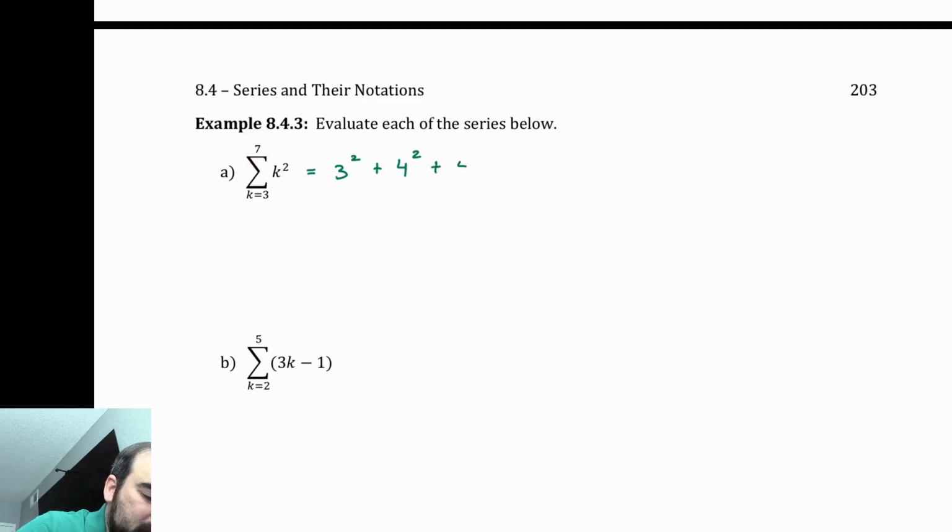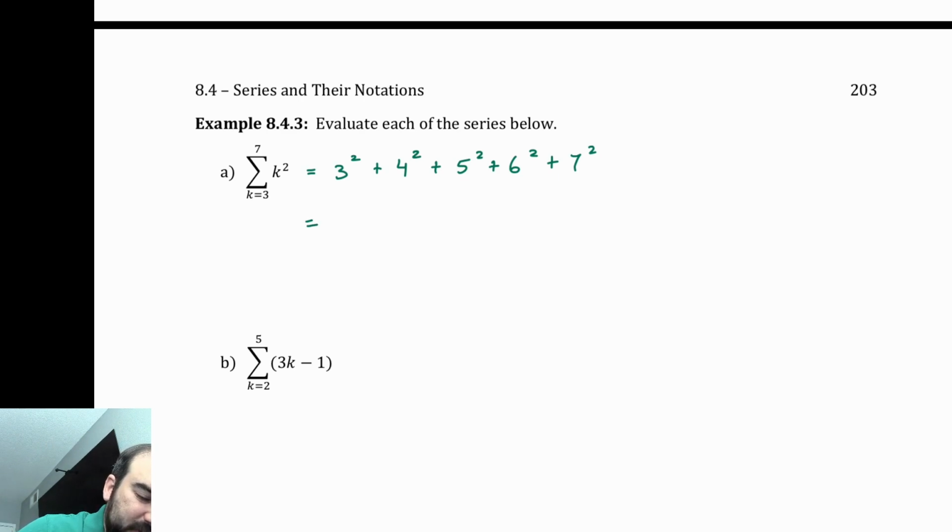So plus 5 squared plus 6 squared plus 7 squared, and we're going to stop there because 7 is our upper limit of summation. In this case, how many terms are there in this series? There are 1, 2, 3, 4, 5 terms. If you count from 3 to 7, 3, 4, 5, 6, 7, you have 5 terms.